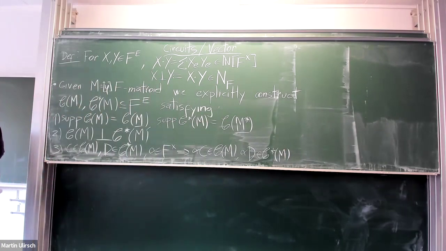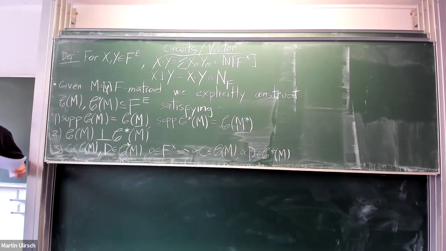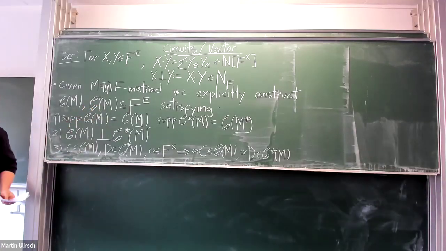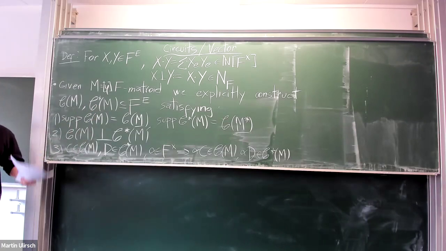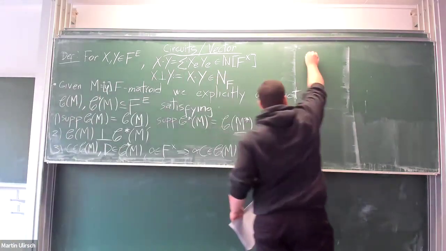The idea is this family here are the defining equations of my linear subspace, and this family here are the elements of my linear subspace with minimal support. Okay, this is what happens in the case of a field.